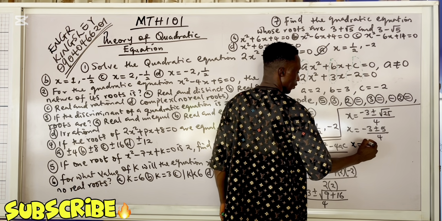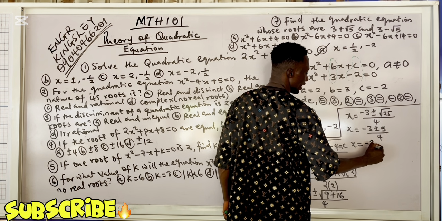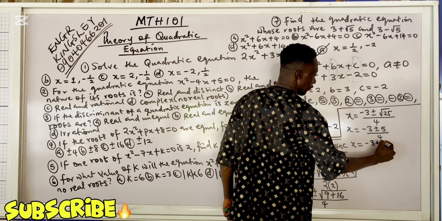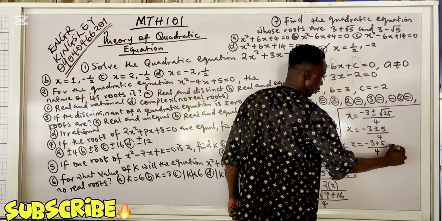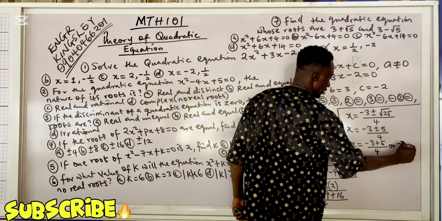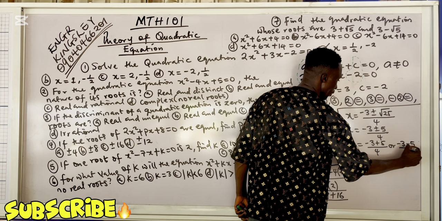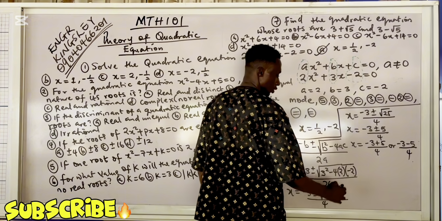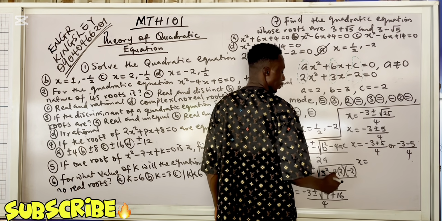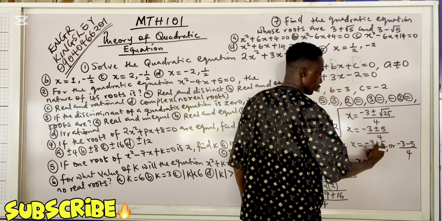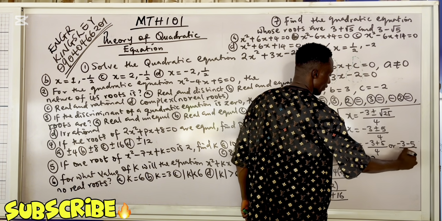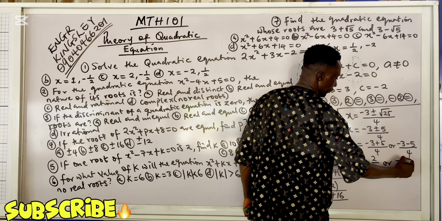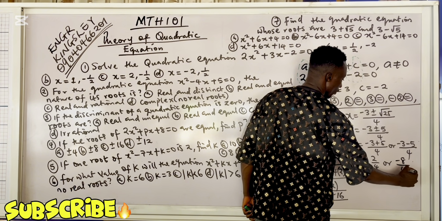So x equals minus 3 plus 5 all over 4, or minus 3 minus 5 all over 4. That is 2 over 4 or minus 8 over 4.